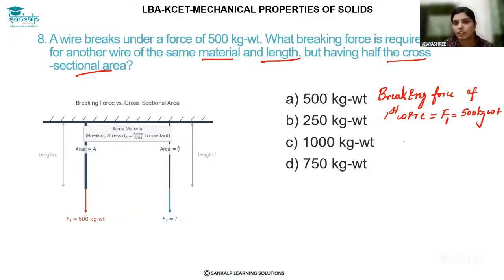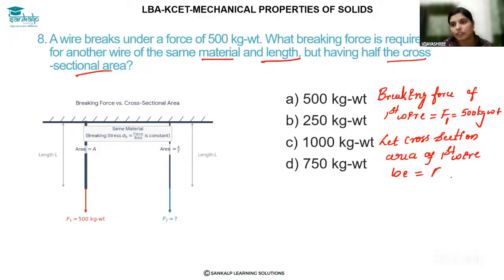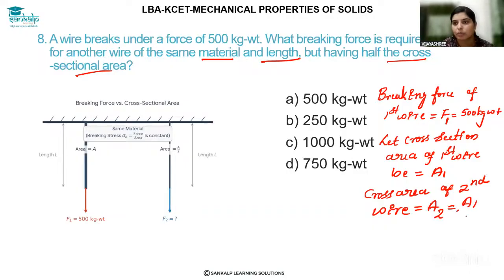Let the cross section area of the first wire be A1, and the cross section area of the second wire be A2, equal to half of the cross section area of the first wire, so A2 is equal to A1 by 2.